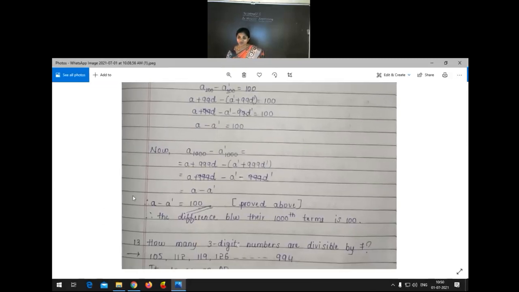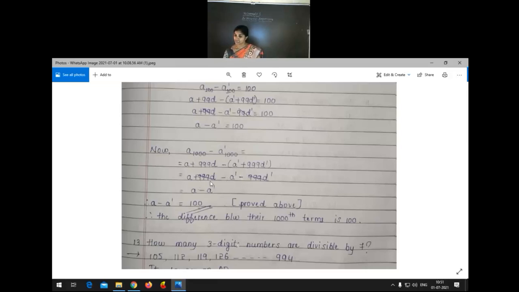Now what we have to find out actually, A 1000 minus A dash 1000 we have to work out. A 1000 minus A dash 1000 is equal to, can we write it in the form of A plus 999D minus A dash plus 999D dash. Okay. Now remove the bracket.